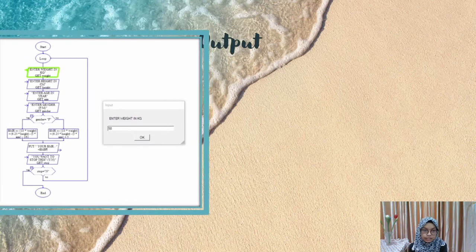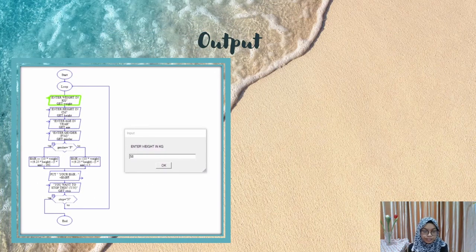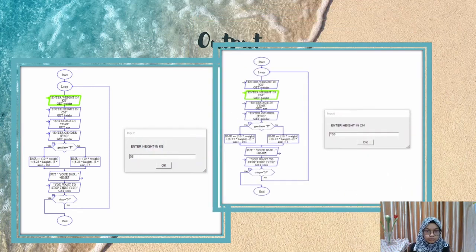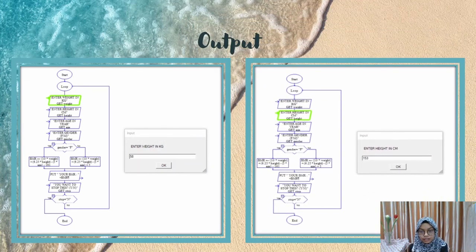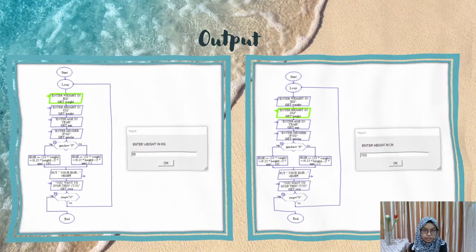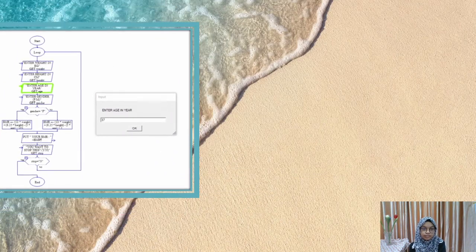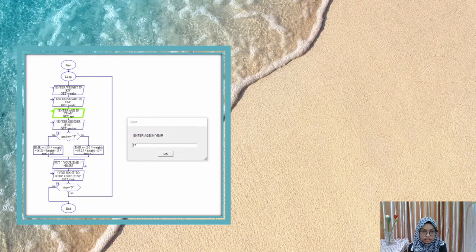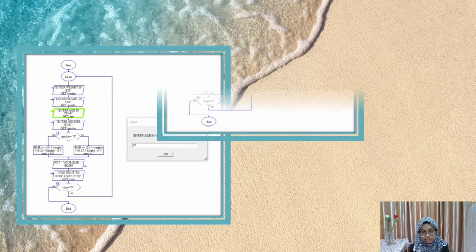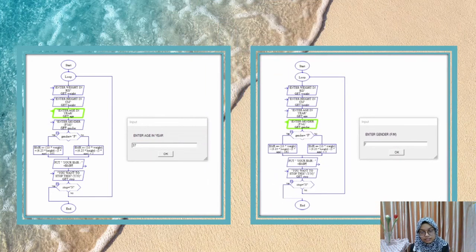For the output, for weight, enter 58, and then for height, enter 153 centimeters for input, and then enter 37 for years in age, and then enter F because it is female.